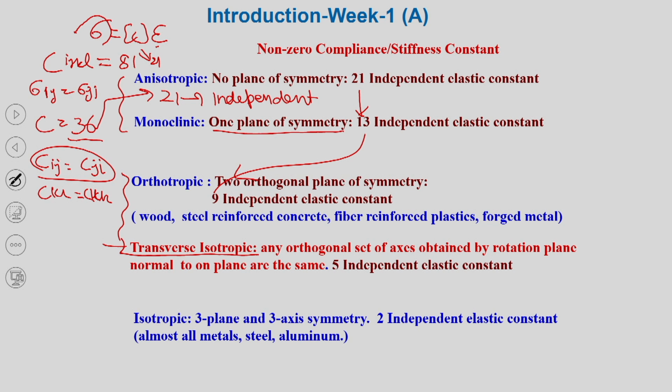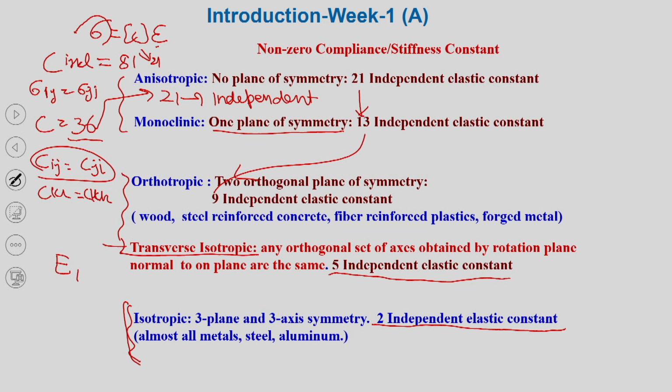Most of the time you will find in the literature that people have studied using the transverse isotropic material, in which you have only 5 independent elastic constants. And the last, the most famous and most ancient material, is the isotropic material, which has 3 planes of symmetry and only 2 independent elastic constants.